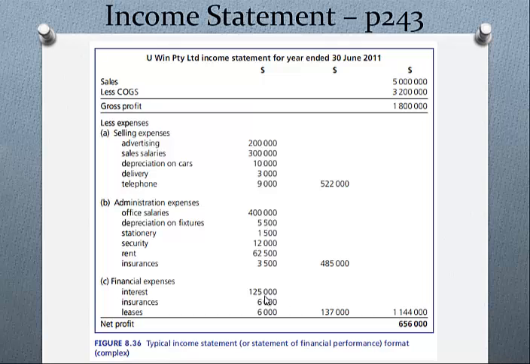And the big proportion there is interest, so straight away I know that the business has borrowed, and I'll be interested looking at the balance sheet to see the level of borrowings and the level of solvency in the longer term. You can see that if you add these subtotals here together, you'll get the total here of 1.144 million, and that is taken away from that figure there to arrive at our bottom line profit of $656,000.